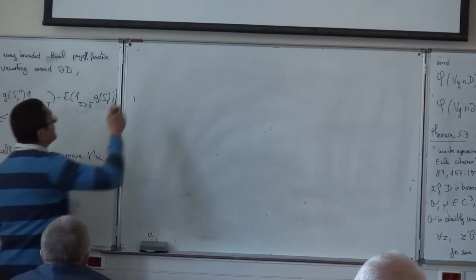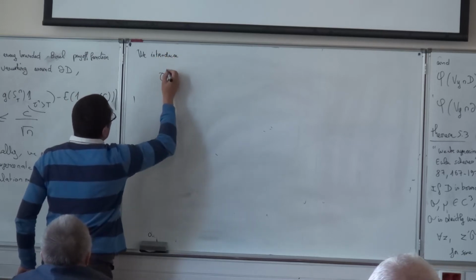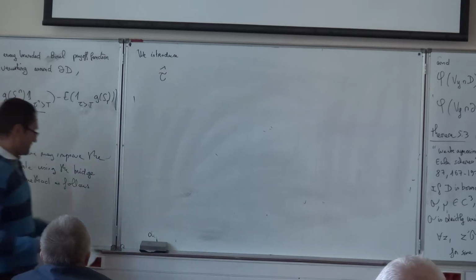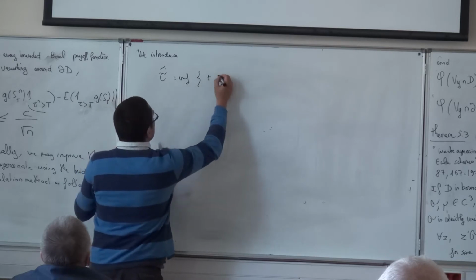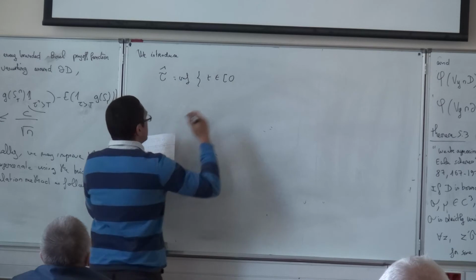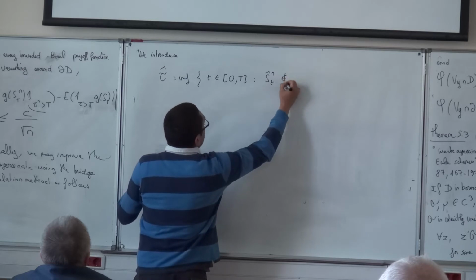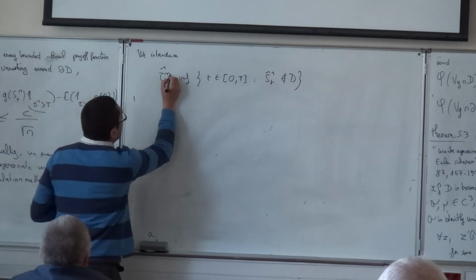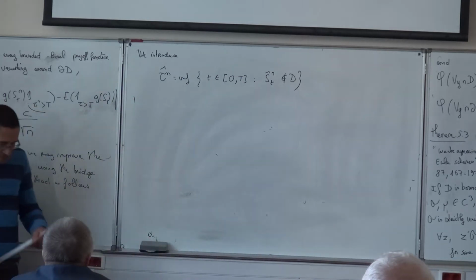So we introduce the stopping time tau n associated to the continuous time version of S n. Tau hat n is the infimum of all t in [0, T] such that S hat n at t does not belong to D. So this is the continuous time version we have introduced.